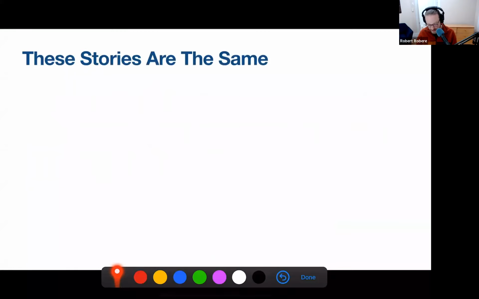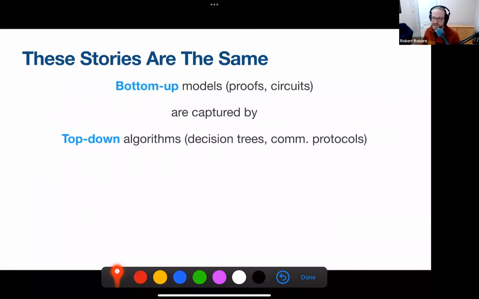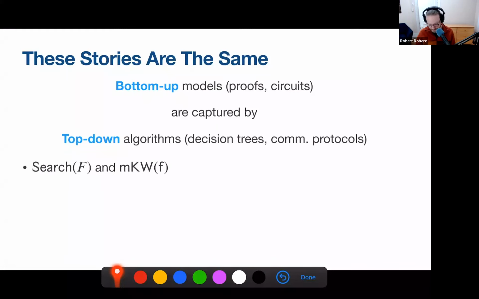Okay. And you've probably observed that the two stories that I've told you are just the same story where I've switched out some of the actors, right? In both cases, bottom-up models, like proofs in one hand and circuits in the other, are captured by top-down algorithms, right? Decision trees and communication protocols.